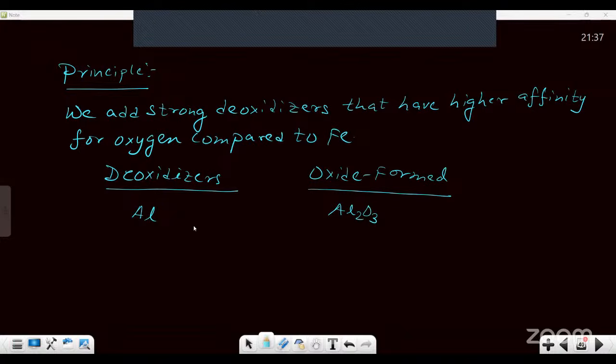Aluminium is the deoxidizer, and the oxide formed is Al2O3. Silicon forms SiO2. Similarly, manganese forms MnO, and calcium forms CaO. Likewise, titanium and zirconium form stable oxides.